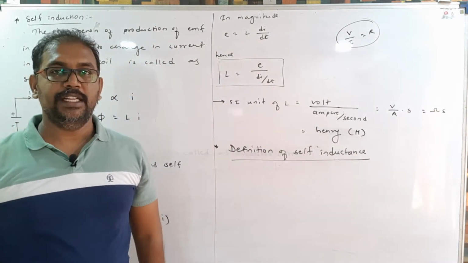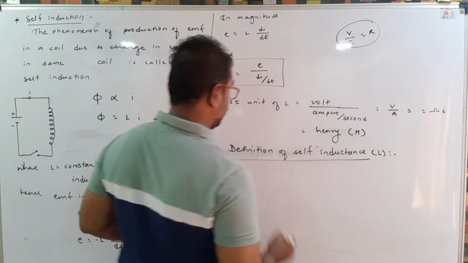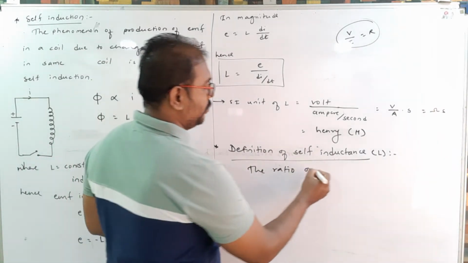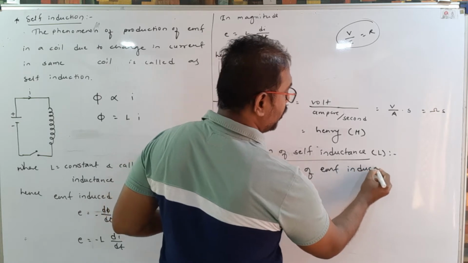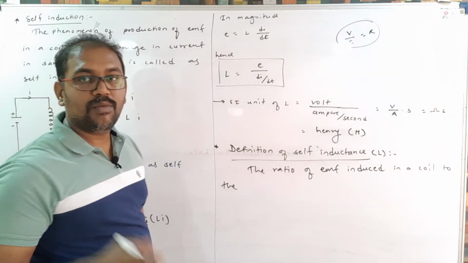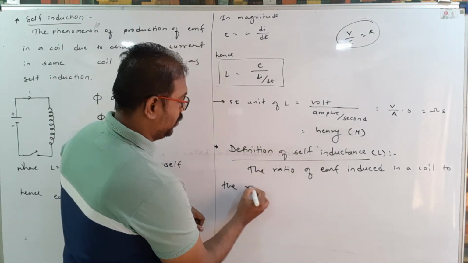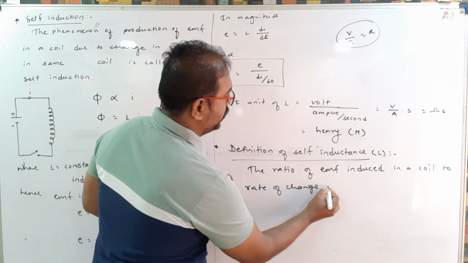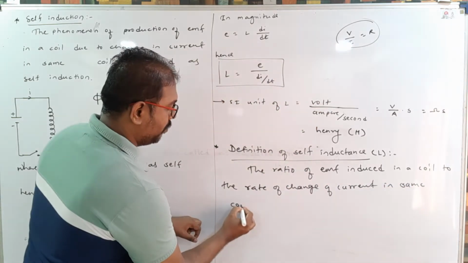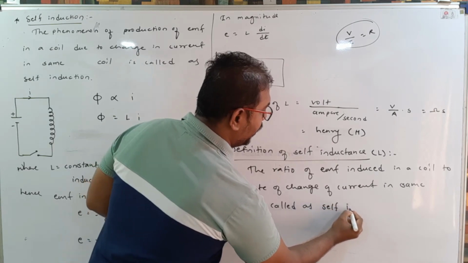So ratio of E and di by dt is called as self-inductance L. So the ratio of EMF induced in a coil to the rate of change of current in the same coil is called as self-inductance.